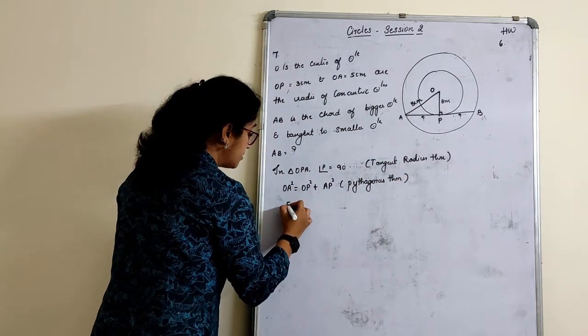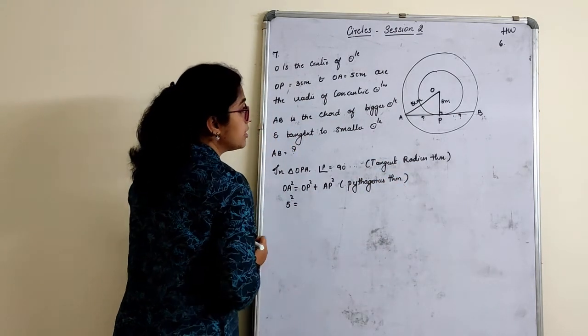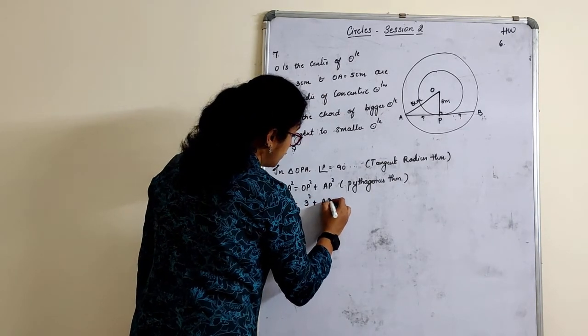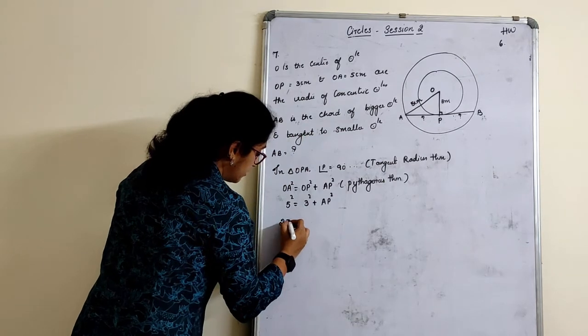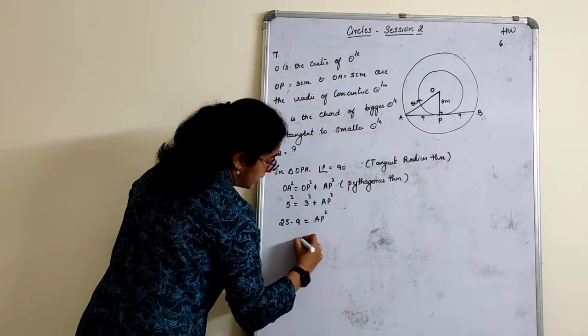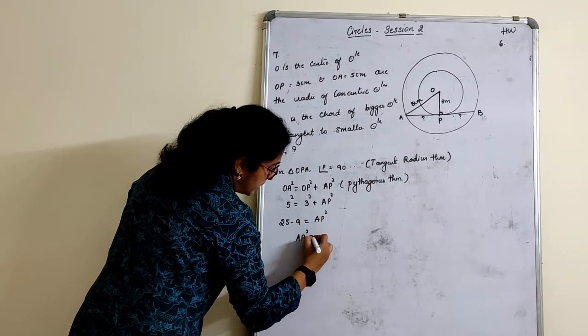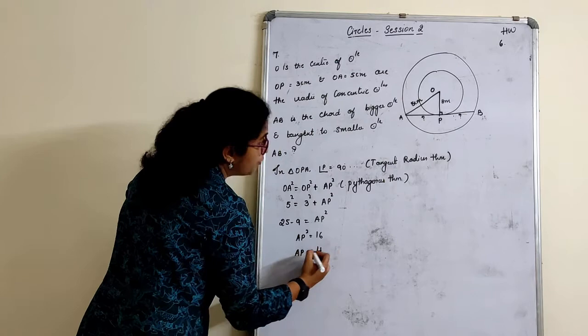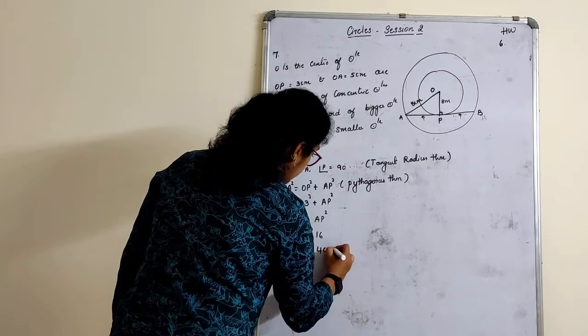So OA is 5 square is equal to OP is 3 square plus AP square. 25 minus 9 is equal to AP square. AP square is equal to 16 and AP is equal to 4 centimeter.